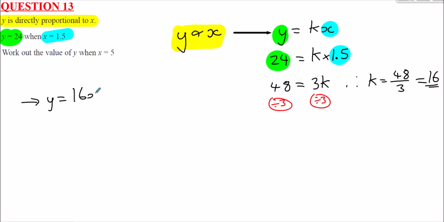So y is 16 times x. The final step is to work out the value of y when x is 5. So y must be 16 multiplied by 5, which is 80. So when x is 5, y must be 80 to make that work.